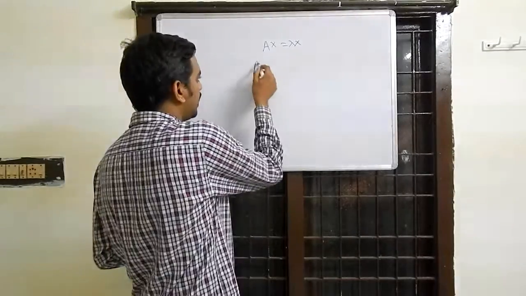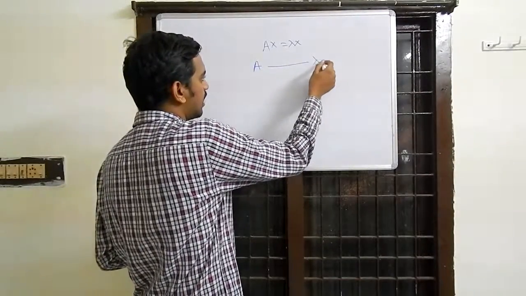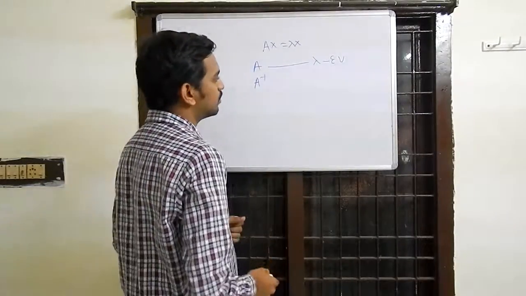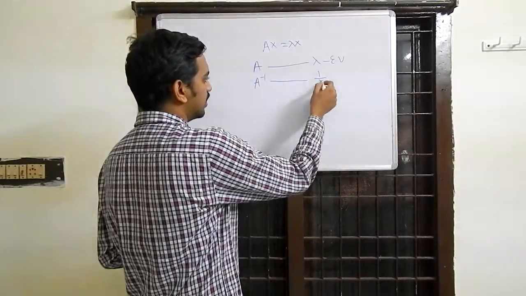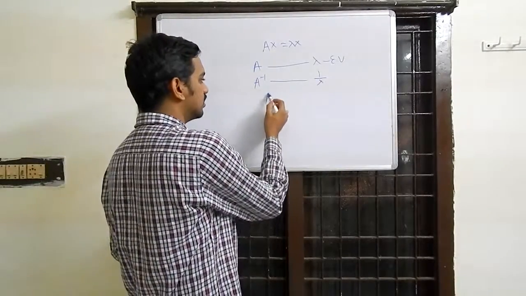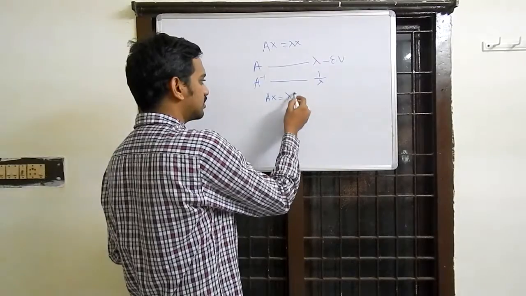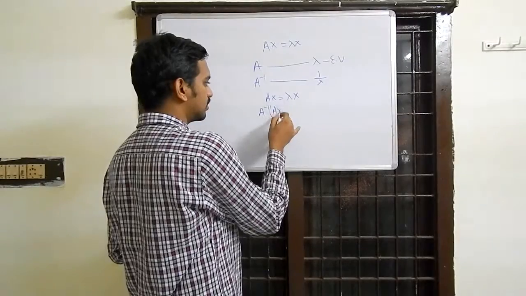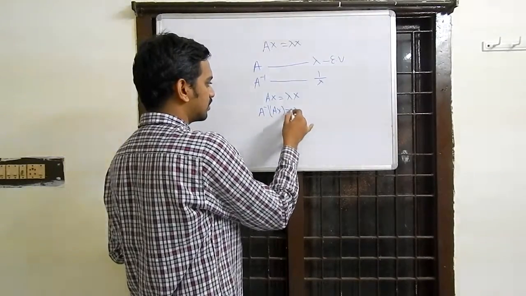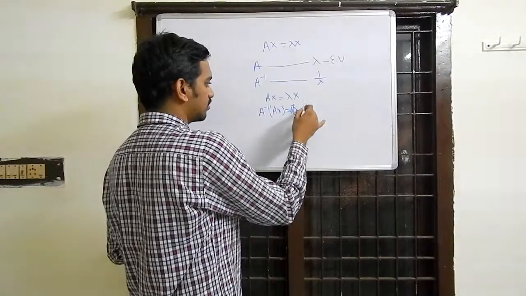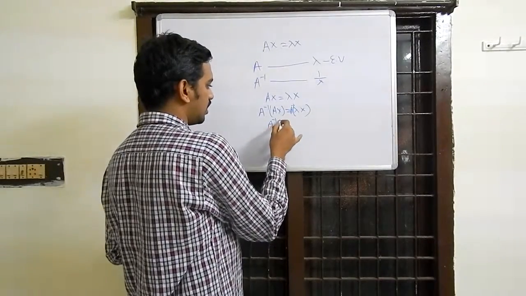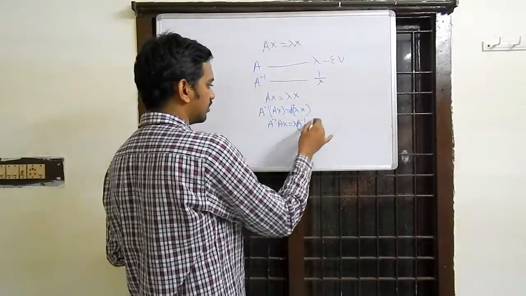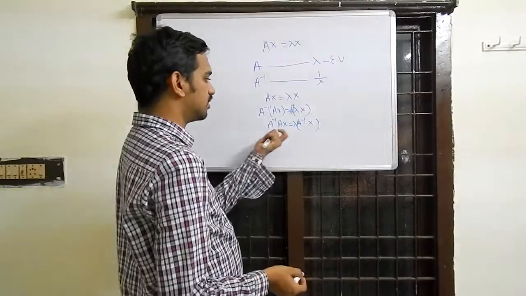In a similar fashion, A is a matrix and lambda is the eigenvalue. Now I want A inverse. I am saying that its eigenvalue is 1 by lambda. How does it come to 1 by lambda? See here: Ax is equal to lambda x. Now I am multiplying both sides with A inverse. So A inverse times A x is equal to A inverse times lambda x. This lambda is a scalar quantity, so we can write it on any side.